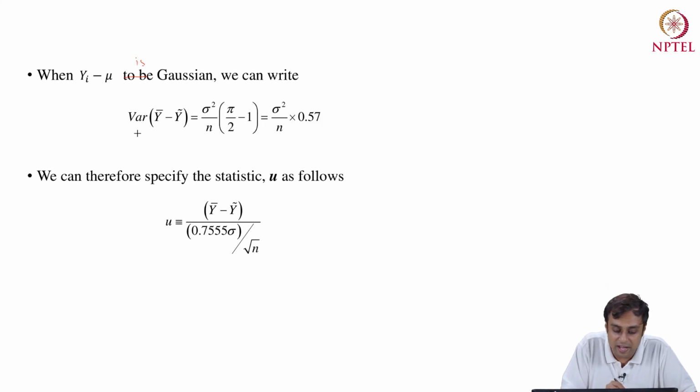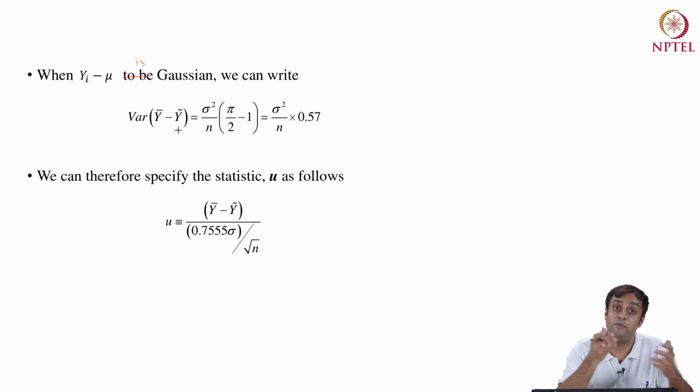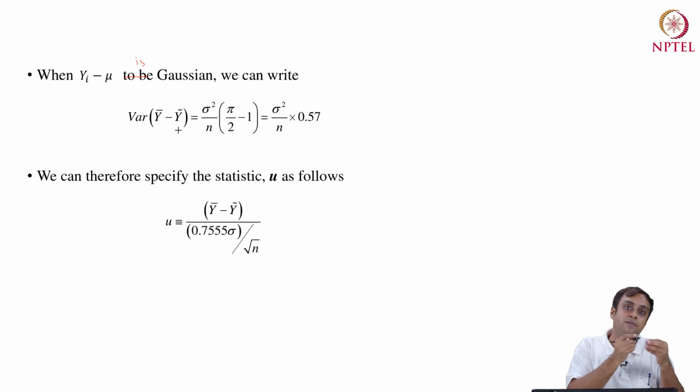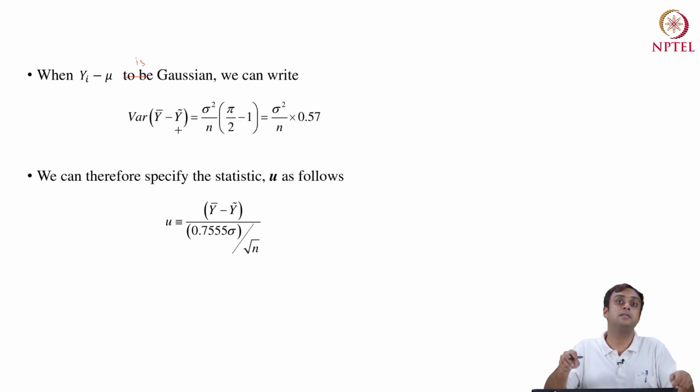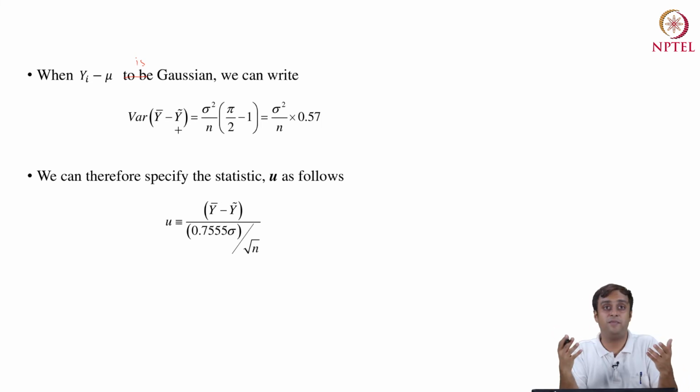We can write the variance of y bar minus y tilde, right? Now, remember in the previous slide, we wrote down the mathematical measure for y bar minus y tilde. Here we are writing the variance of y bar minus y tilde. Remember, we said that if you have a sequence of random variables, the mean of those random variables or realizations is also a random variable.